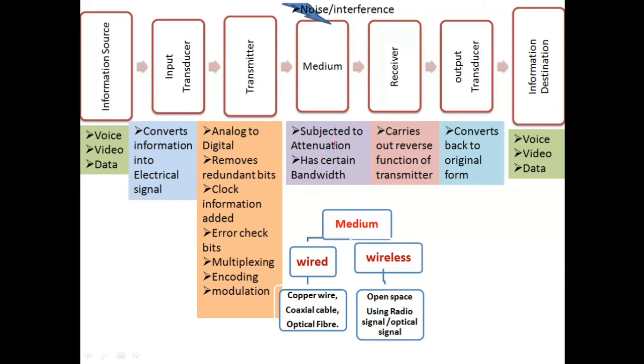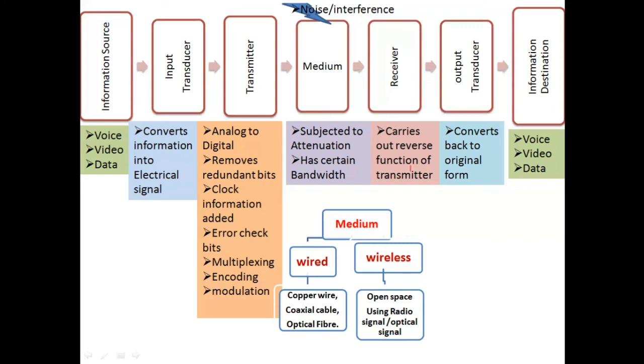So depending upon the media, we are required to take care of various processes that take place in the transmitter. And in the receiver, the processes we have seen in the transmitter take place in reverse.